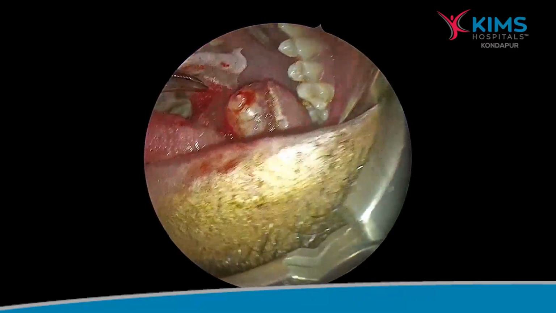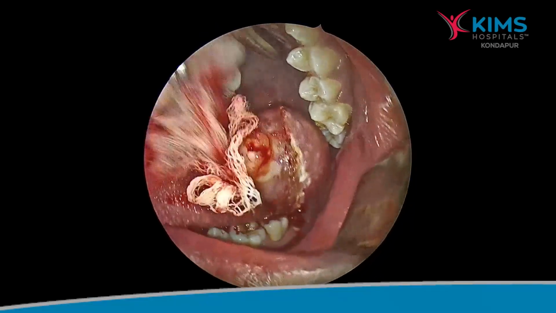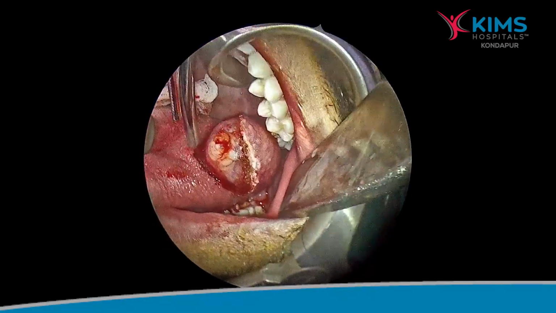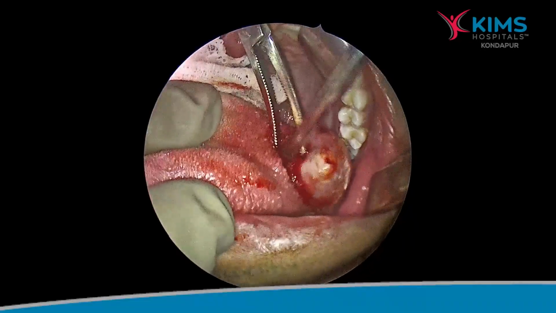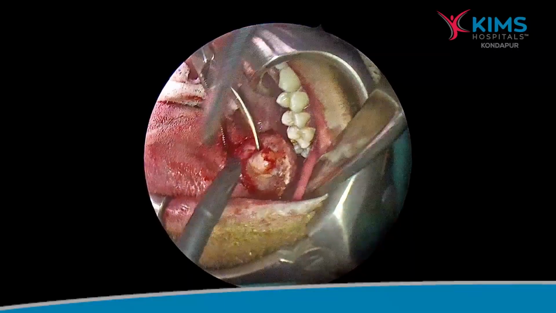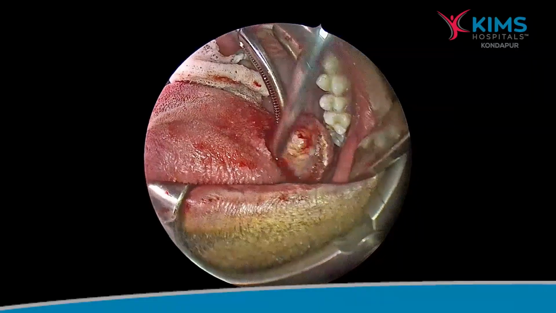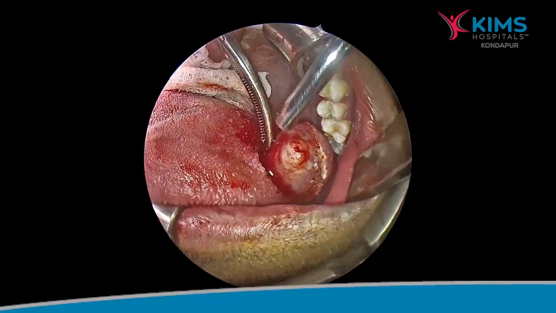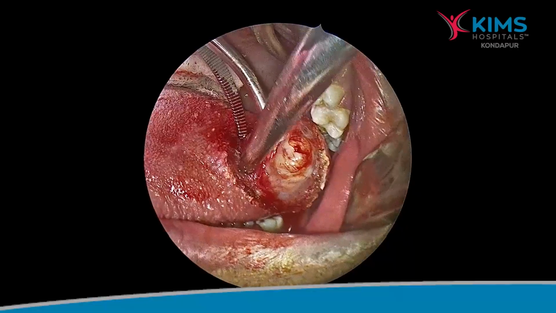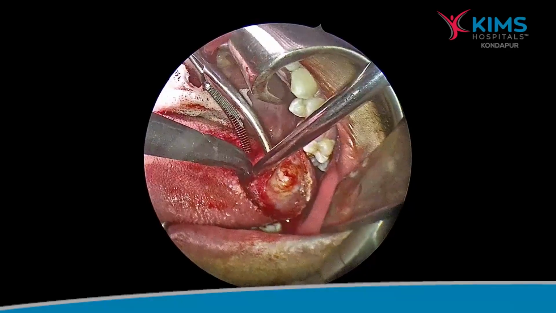Minimal bleeding at the base of the tumor is again secured by the Coblator band. Now the base of the tumor has been dissected out in an incremental manner, step by step, and any bleeding is secured by the Coblator band, not losing the plane of dissection.